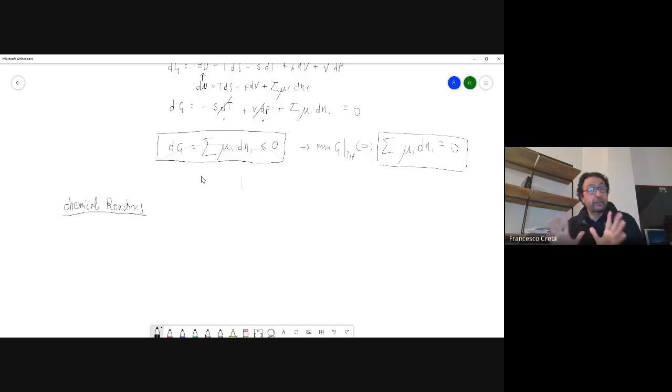So that's an absolutely important distinction that you have to keep in mind. So let me introduce the notation. We're going to start with what we call irreversible reactions.